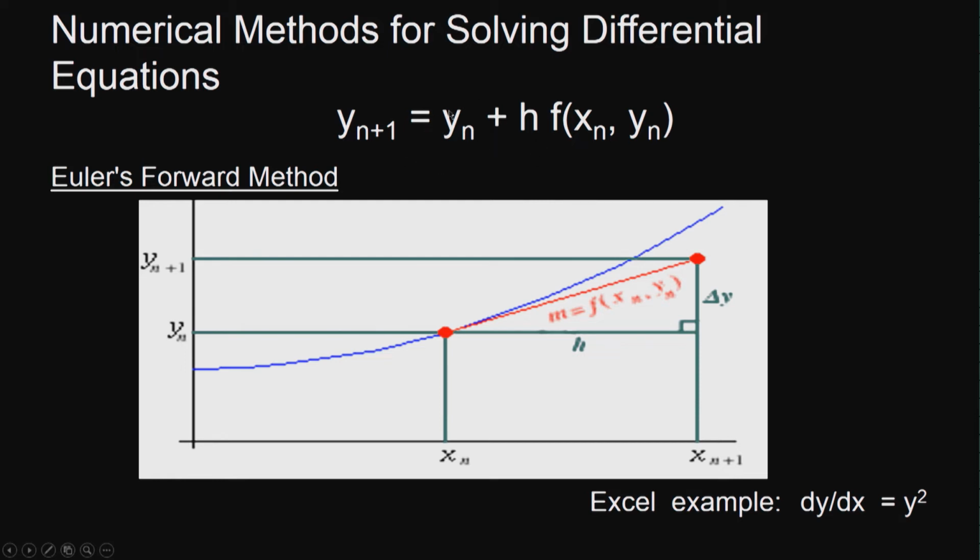If I know the value of y at a certain time point, and I want to find out the value at the next time point, plus h, then I do yn plus h into f(xn, yn).